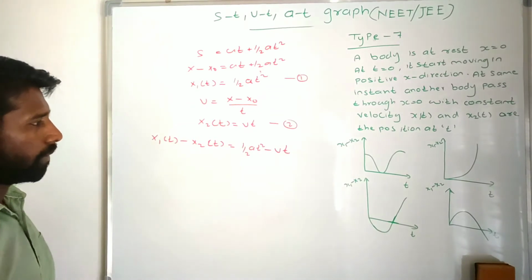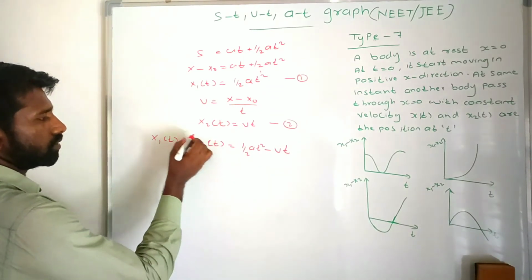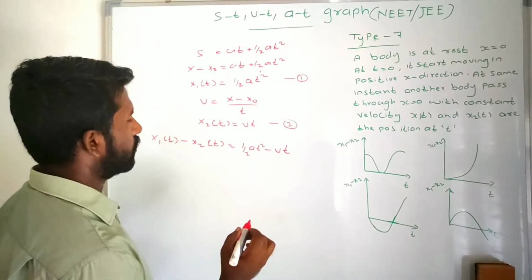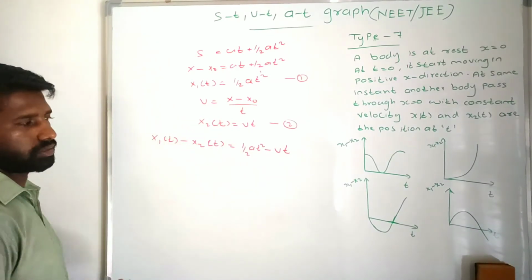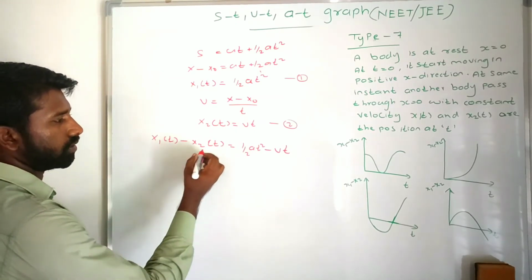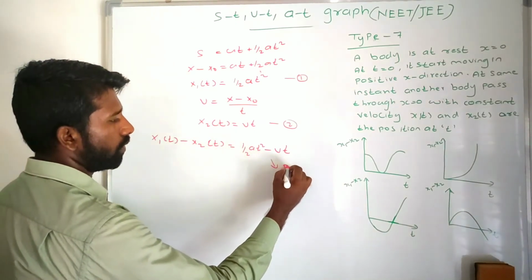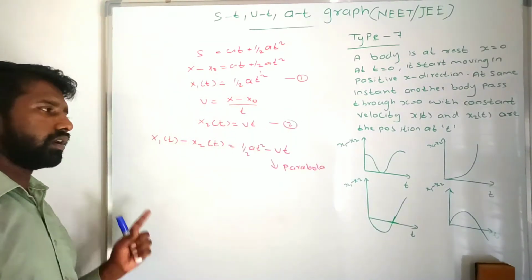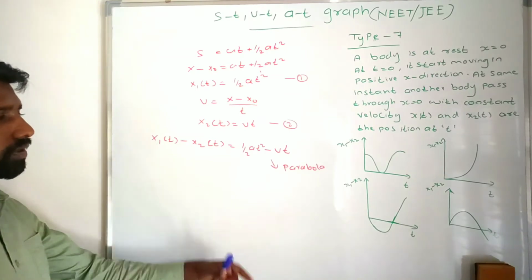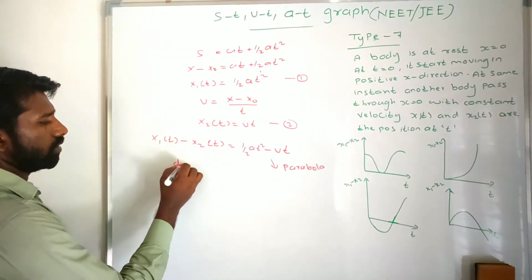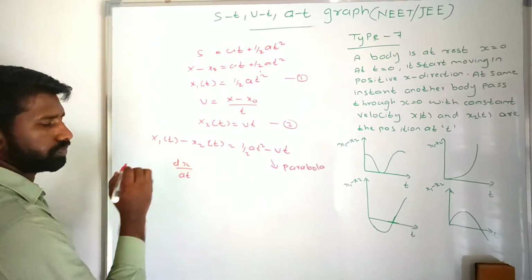Clear? Okay. Now we will see, this is displacement. I am going to find the slope of this. So slope is equal to what you get? This graph shows it is a parabola, and I am finding the slope in the different situations. So dx by dt is the slope.